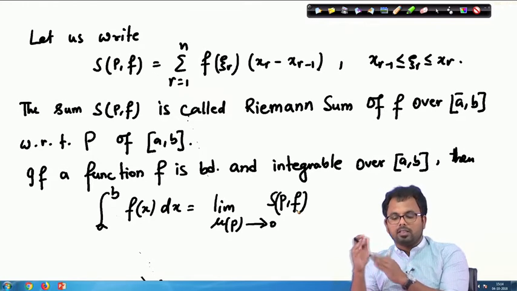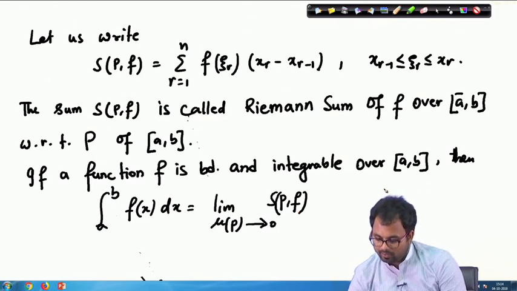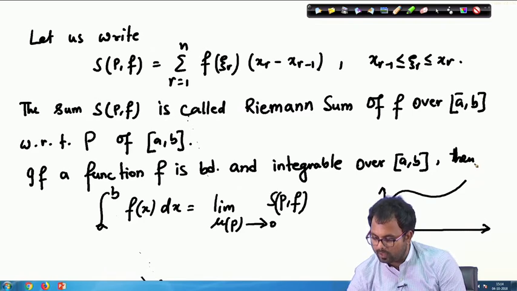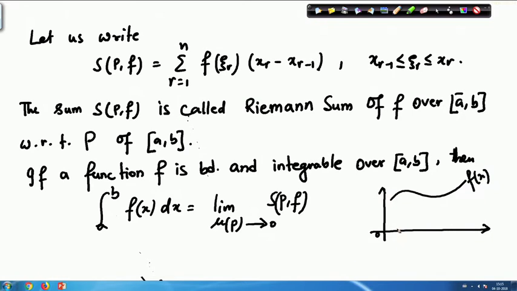And then in that case, if you look at this figure, let's say this is my f of x, and that's x equals a, and that's x equals b. So, doing this definite integral is basically calculating this area.